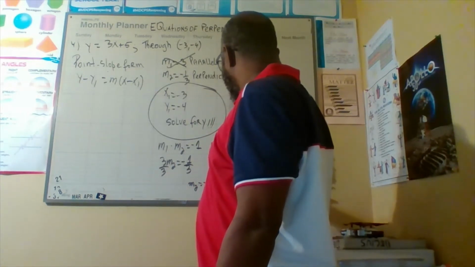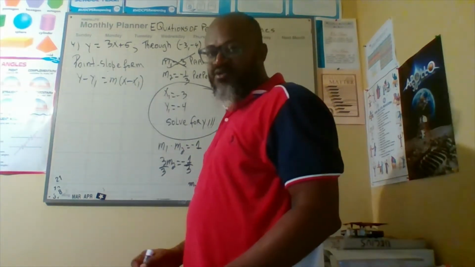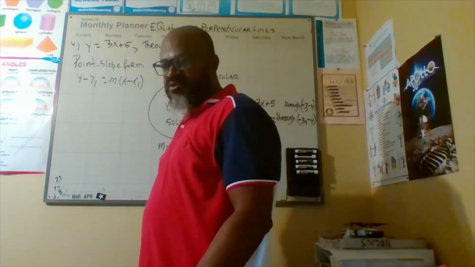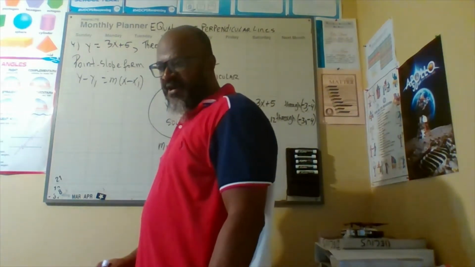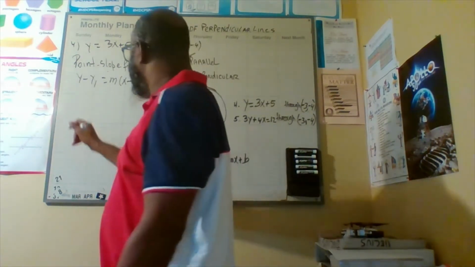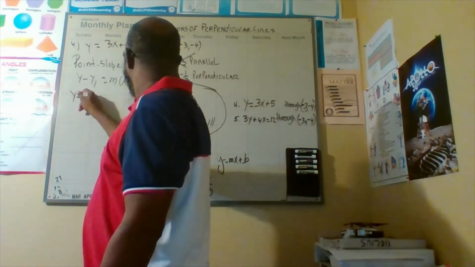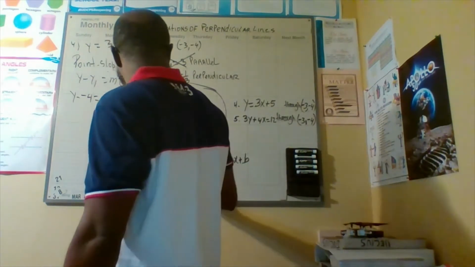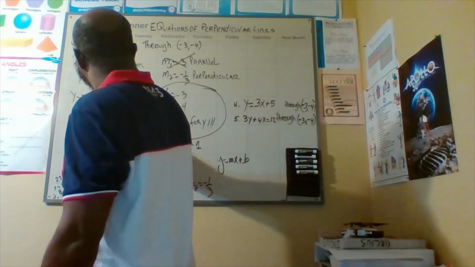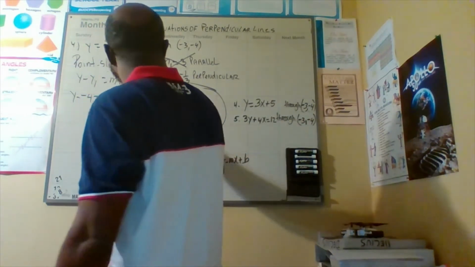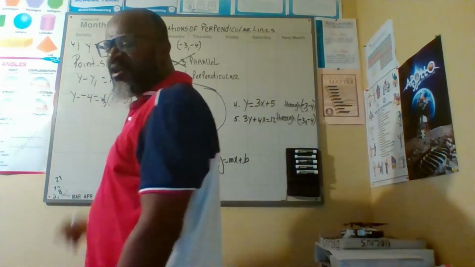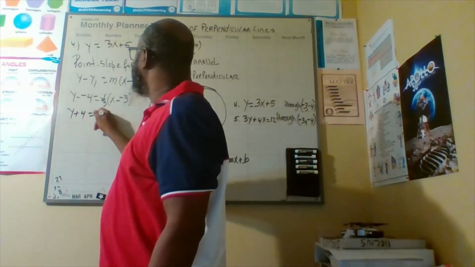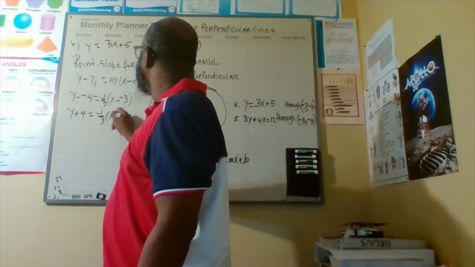Like I promised before, I'm going to always use point-slope form, unless you want me to use a different form. Alright, in this case, you will have y minus y1, which is -4, equals the slope, which is -1/3, times x minus -3. Simplifying those double negatives, you will have y plus 4 equals -1/3 times x plus 3.